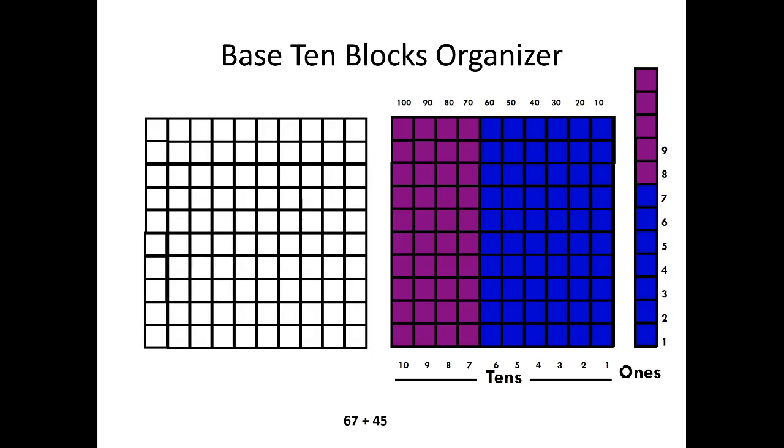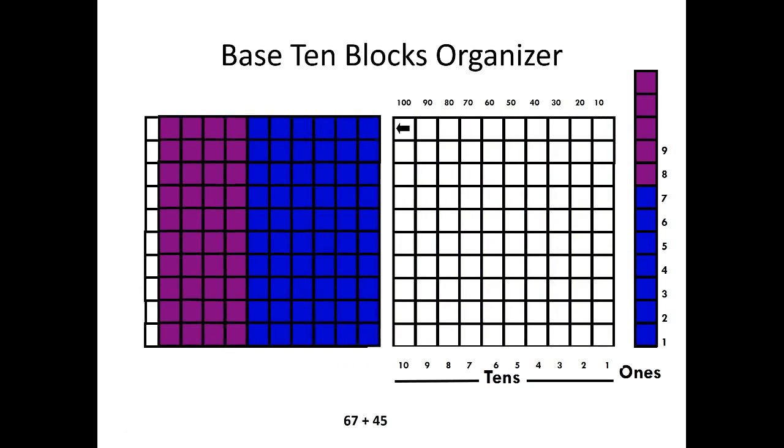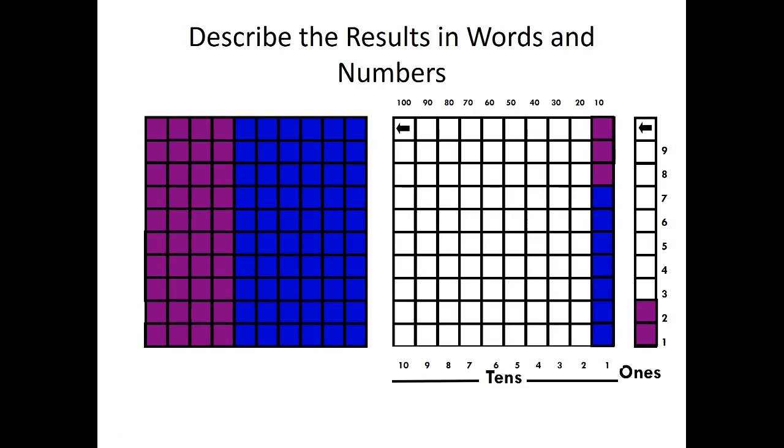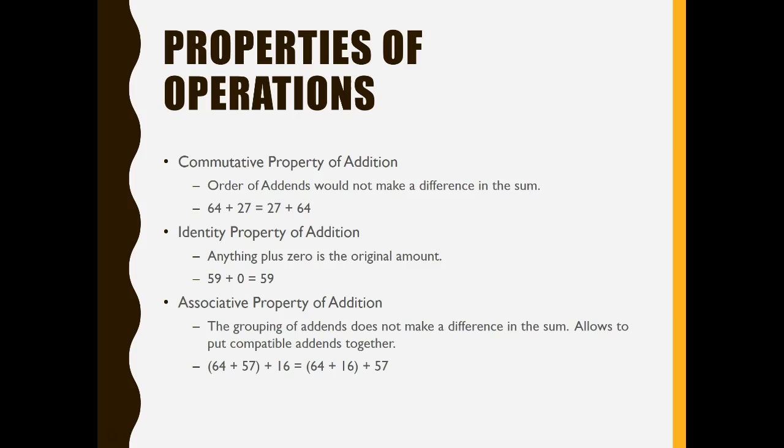Again, it's longer than our rods are normally, so our flat will move over, our 10 will move over, and then the 2 will drop, so that we have now a flat, a rod, and 2 units, making it 112. So 100 plus 10 plus 2 is 112.